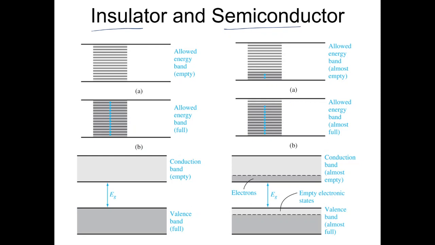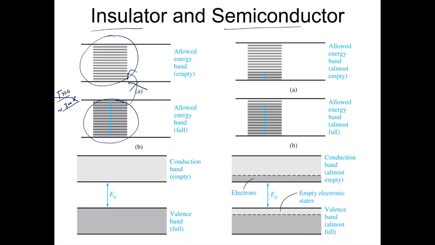In terms of the band structure, even at T greater than 0 or close to room temperature, all the valence states must be fully occupied and all the conduction states must be completely empty. There must be no electron transition from the valence band to the conduction band, no matter how much force or external field or energy has been given to the system through thermal means or any other means.